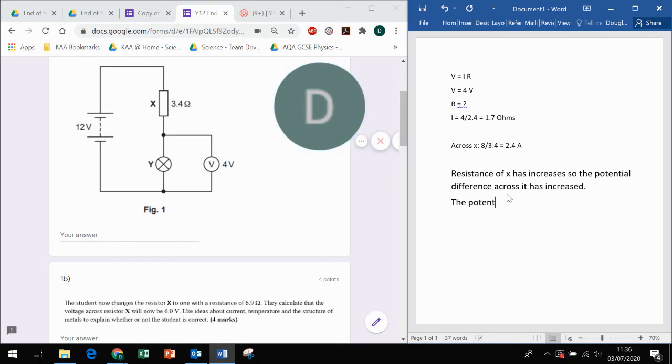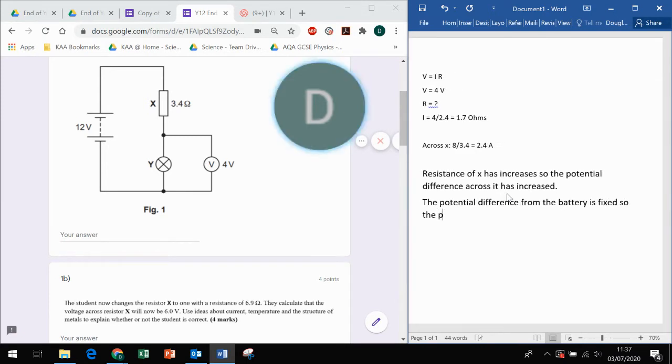The potential difference from the battery is fixed, so the potential difference across the bulb must decrease.